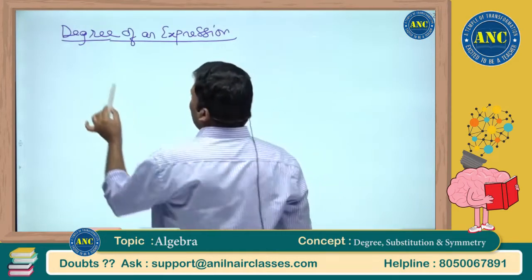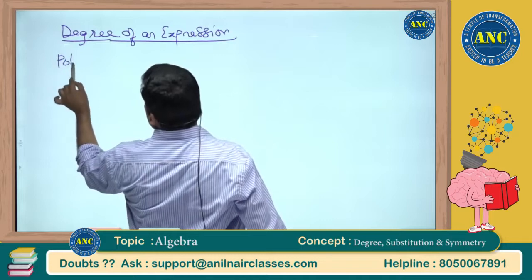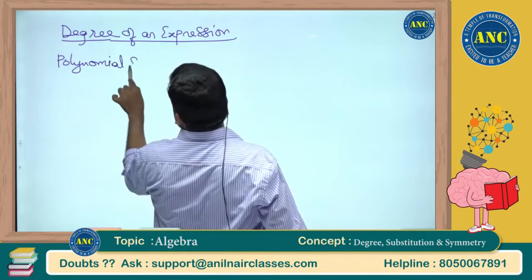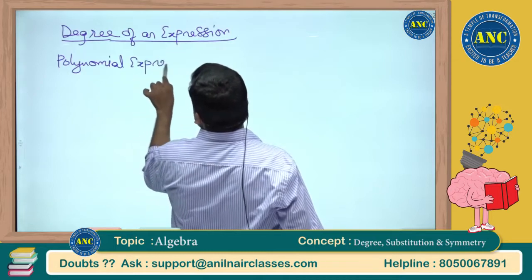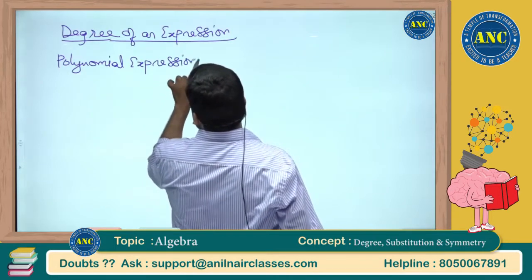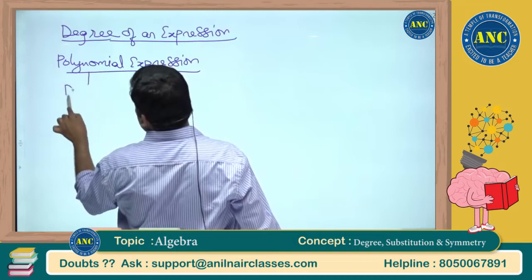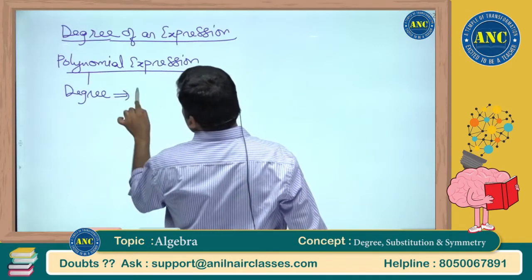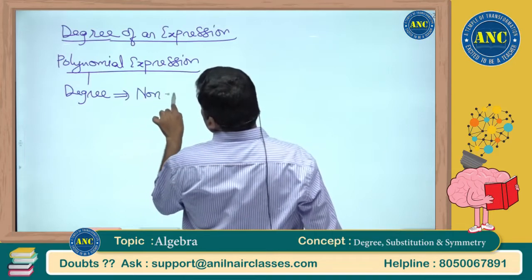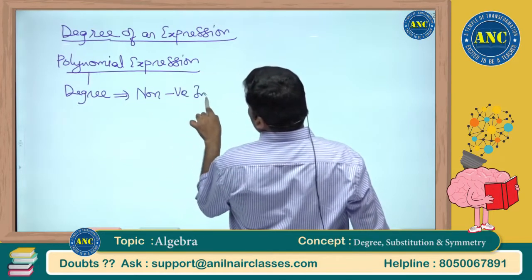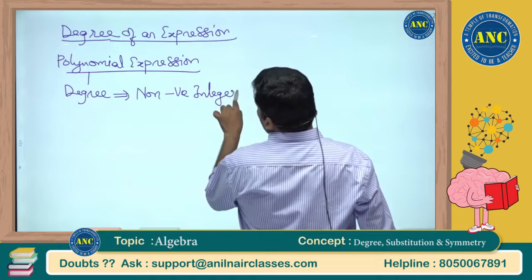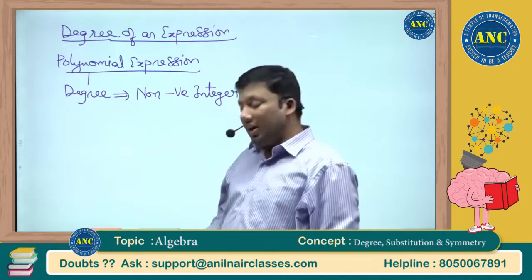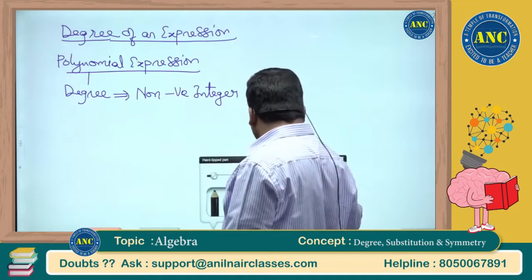We are not talking about a rational expression. For a polynomial expression, the degree will always be a non-negative integer.